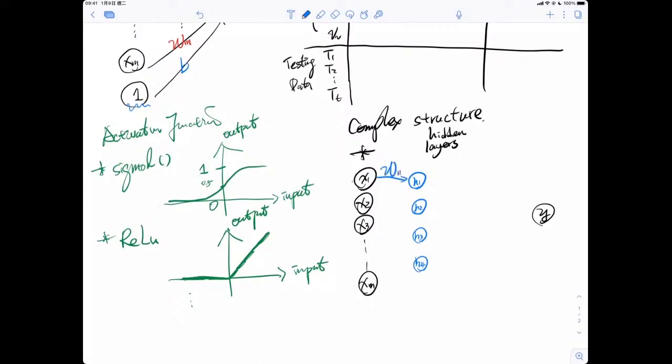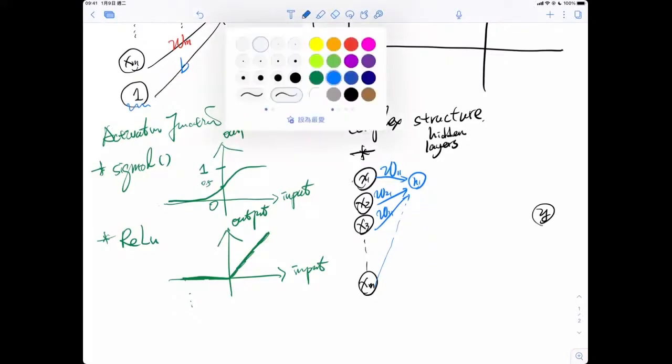W11 means the weight between X1 and H1. W21 means the weight between X2 and H1, and so on and so forth. That is the first neuron of your hidden layer, right? Let's just design two neurons in this layer.